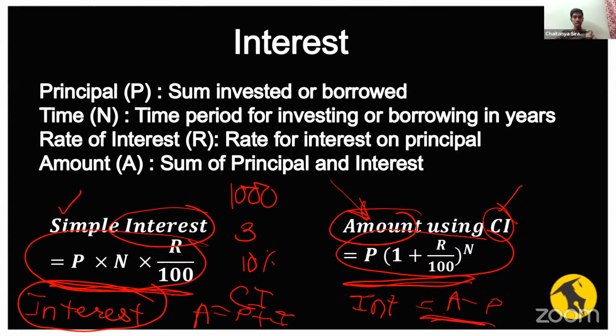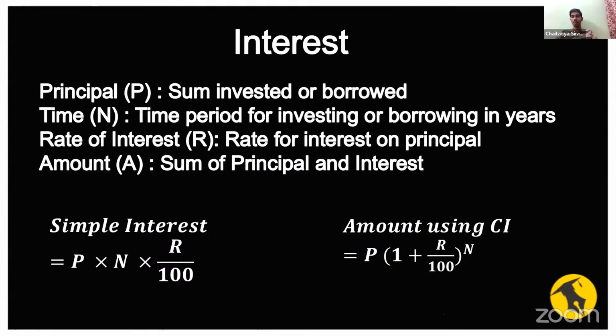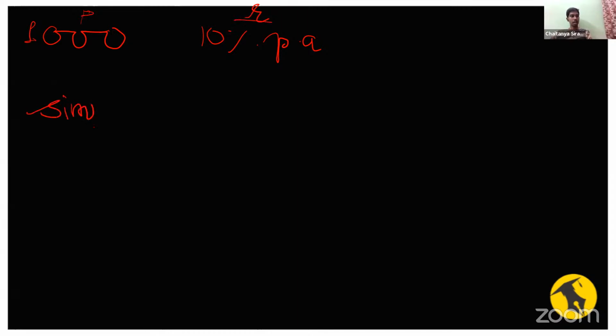All right. Now let me explain what simple interest and compound interest are. A standard example would be that I am investing 10,000 rupees at 10% per annum. So this is my principal P and this is my rate of interest R. Let me draw something like a table so the comparison is much easier.